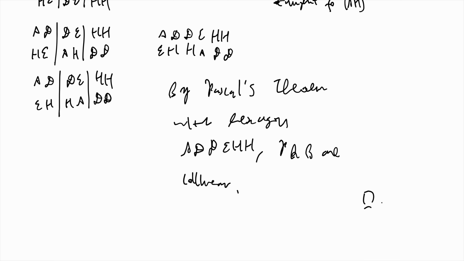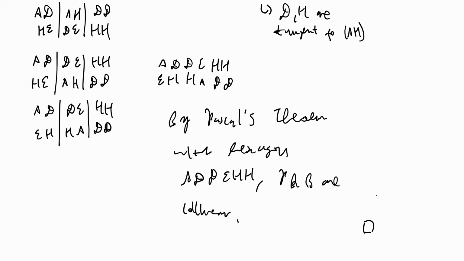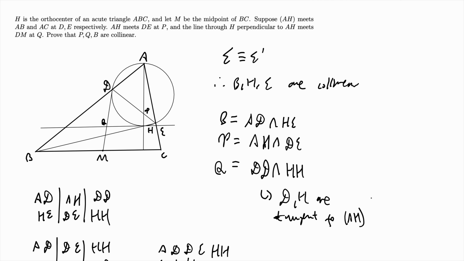So I think it was somewhat straightforward if we knew the three tangents lemma, but I didn't know it at first. So I think this problem taught me how to use the three tangents lemma, and also helped me review Pascal's theorem.